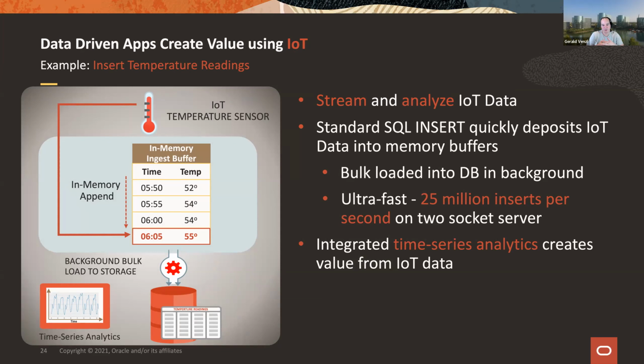It goes all into a memory area and is periodically synced to disk. It's especially geared towards any kind of sensor data, where you get a lot of data really quick, a lot of tiny little bits and pieces, and latency is really important. You don't necessarily want to wait for your commits to happen every time. So this is really cool. We did a test, and it's like 25 million inserts per second on a 2-socket server, because you just load all this data into memory.